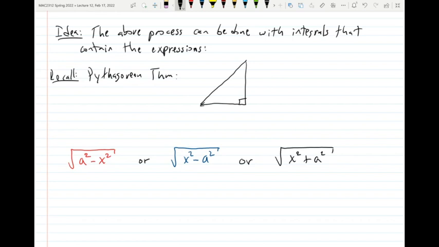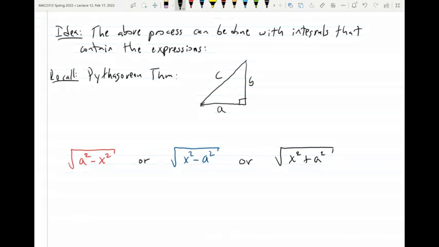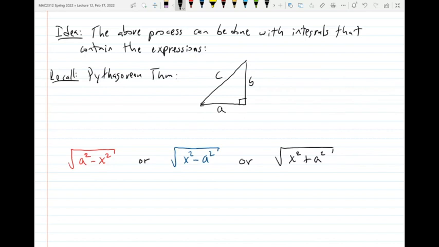Now I don't want to write A because we already have A, but I'm going to put A, please understand that the A that I'm putting here is not the same as the A that is below in the formula. Do you understand this? Okay, so if you have a right triangle with sides A, B, C, what does the Pythagorean theorem say?